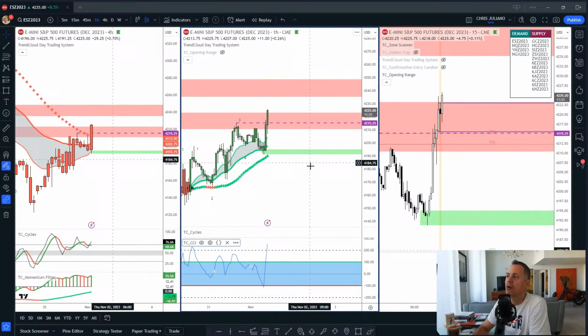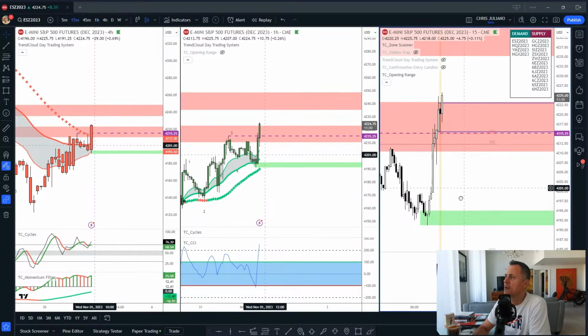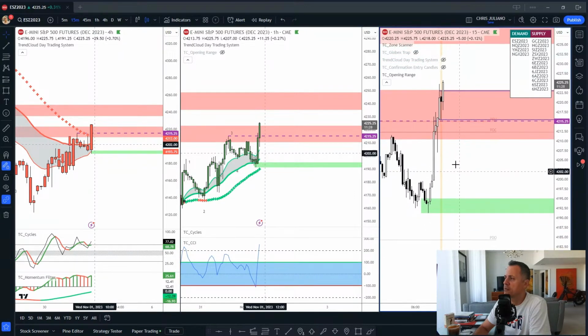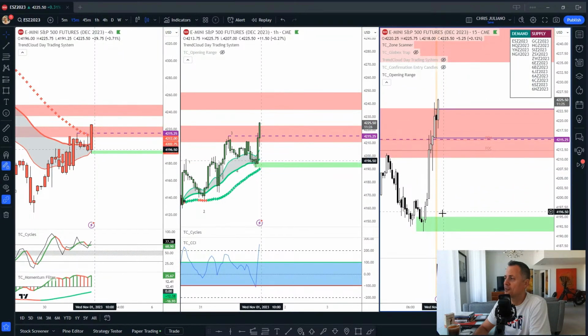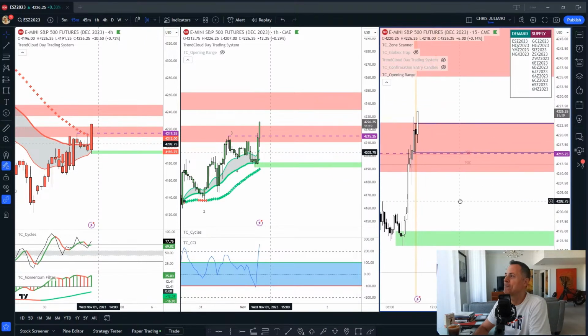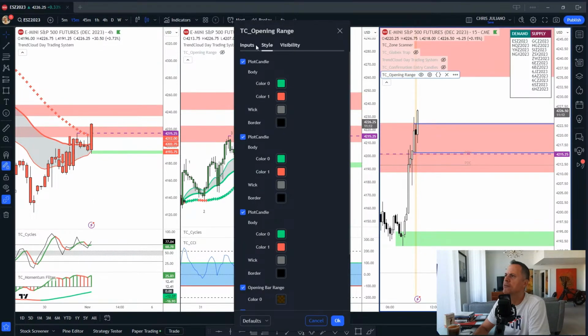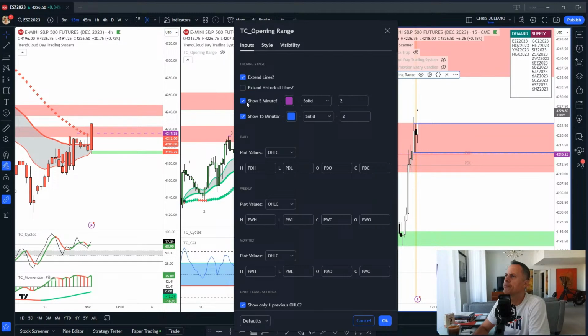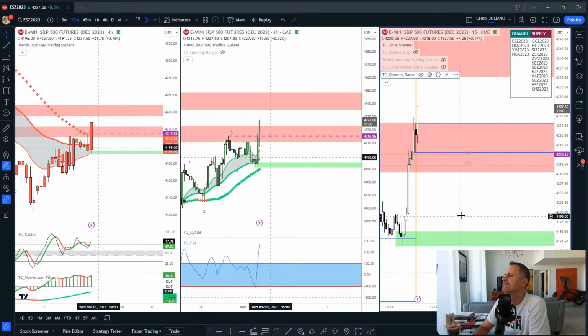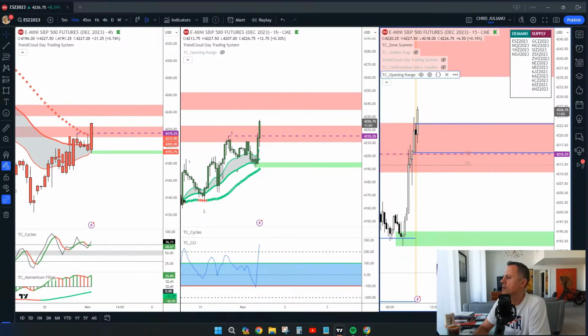Okay. We are looking very nice. Now, Krishnan, look how far back we've got to go to that demand zone. Sorry, guys. Opening range here should be on the 15-minute. There. Let's extend the historical line so we can see. All right.